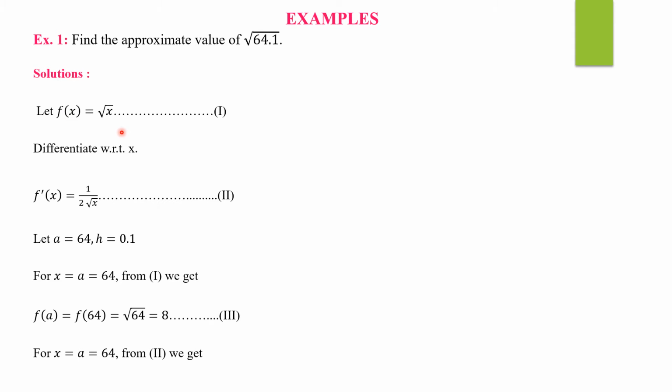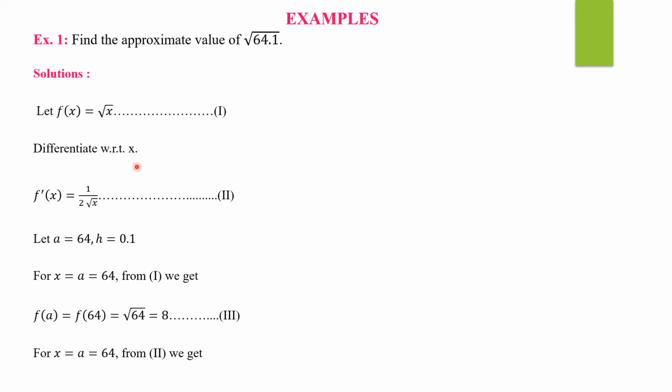Examples. Example 1. Find the approximate value of root of 64.1. The function is a root, therefore we take f(x) = root x, denoted by equation 1.